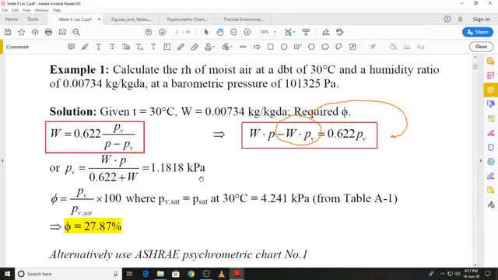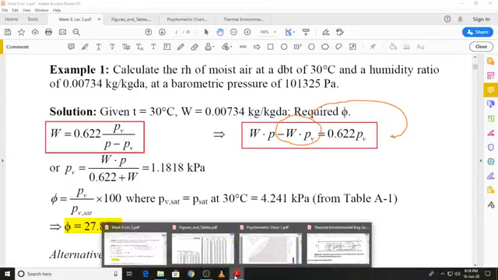The next thing is PV sat, and we know that the dry bulb temperature of air is 30 degrees C. So when we need to find PV sat, what we are saying is that at 30 degrees C, if the air is saturated, the water vapor will have a certain pressure which will be found from table A1.